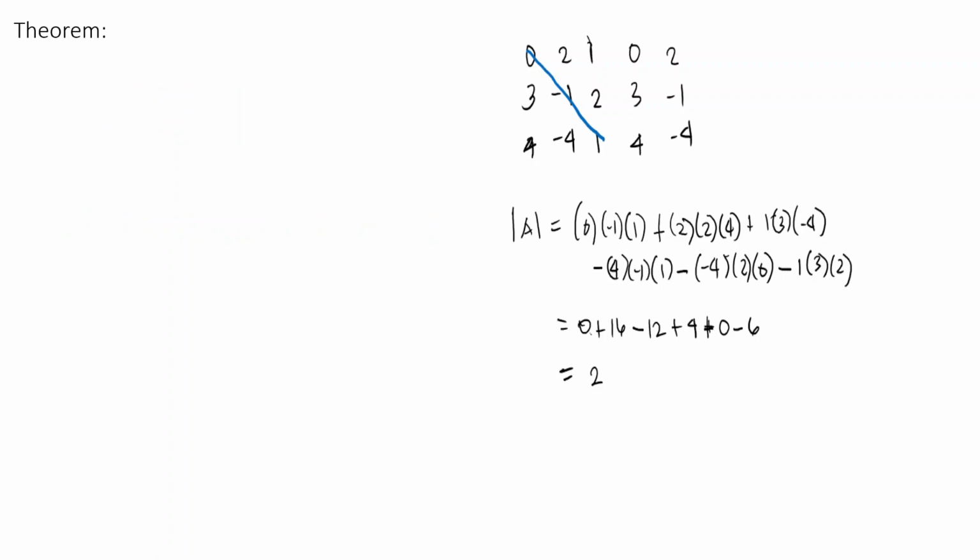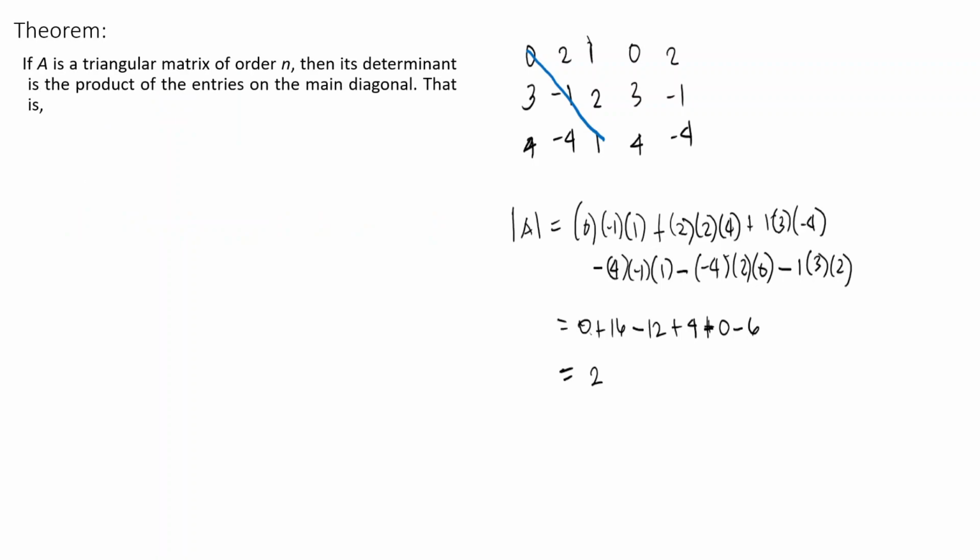Next, we have a theorem. If A is a triangular matrix of order n, then its determinant is the product of the entries on the main diagonal. That is, the determinant of A is the product A sub 1,1 times A sub 2,2 times A sub 3,3, and so on up to A sub nn.